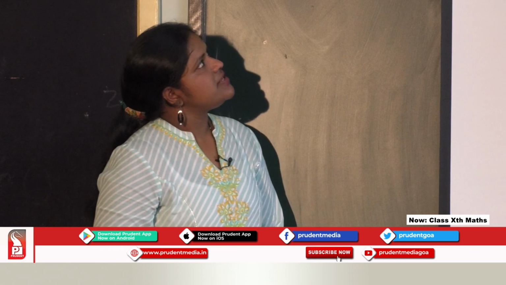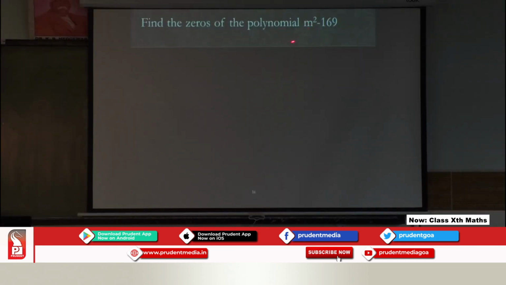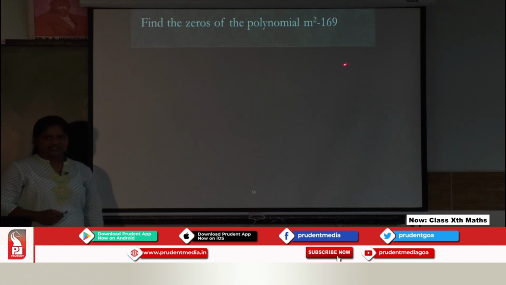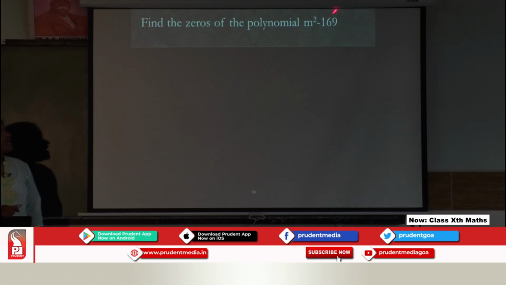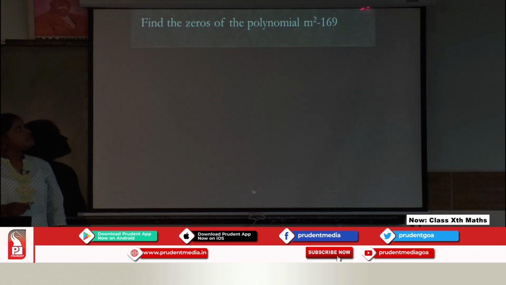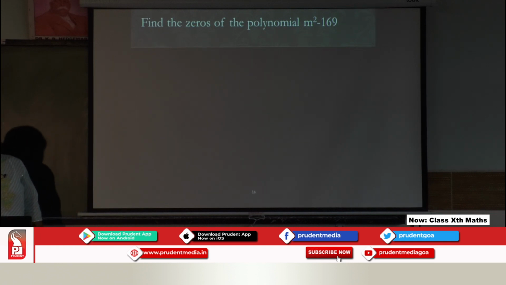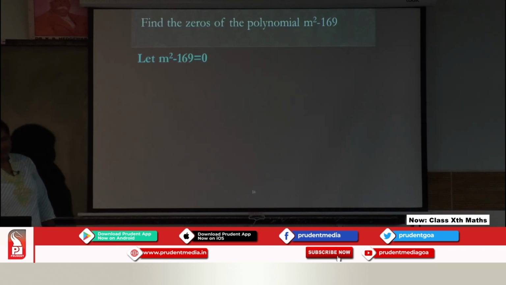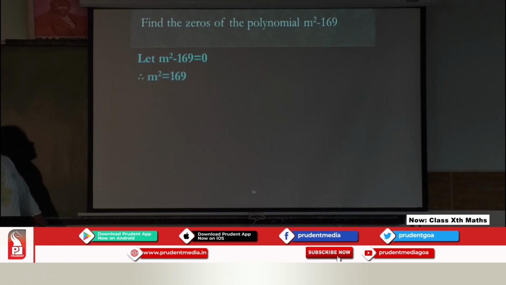Let us have one more example. Find the zeros of the polynomial m² minus 169. The only difference between these two problems is that in the earlier case that was not a proper square, but this is a proper square. So let us equate it. First I have m² minus 169 is equal to 0. Therefore m² is equal to 169. Just shift this number to the other side.